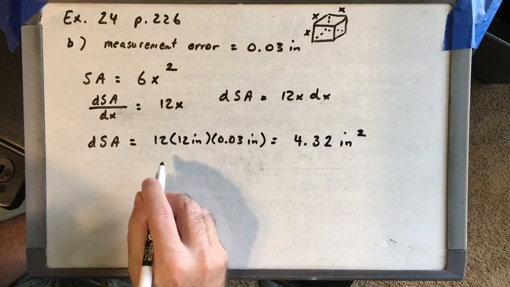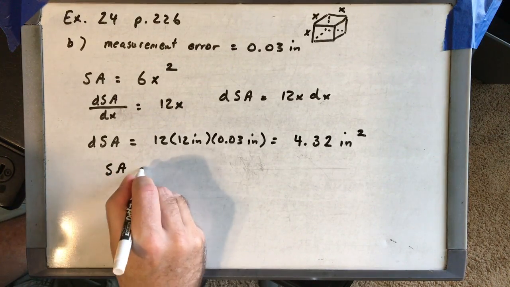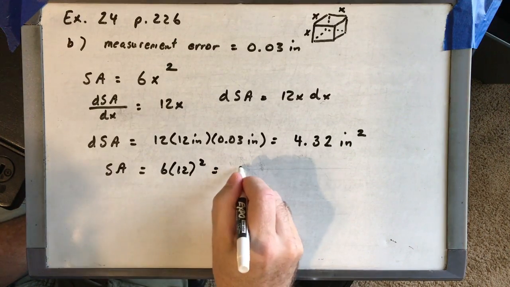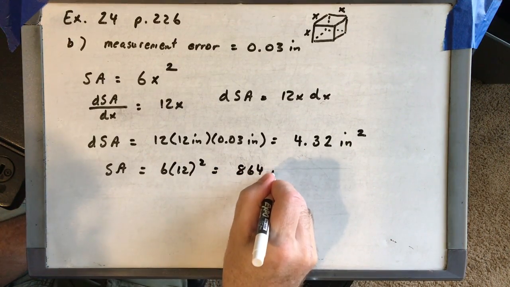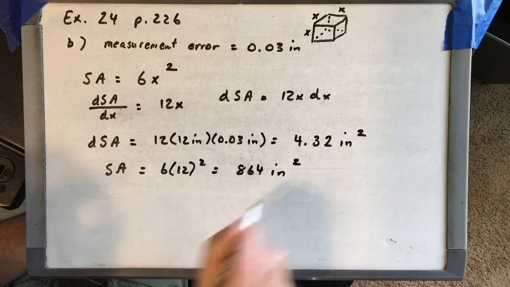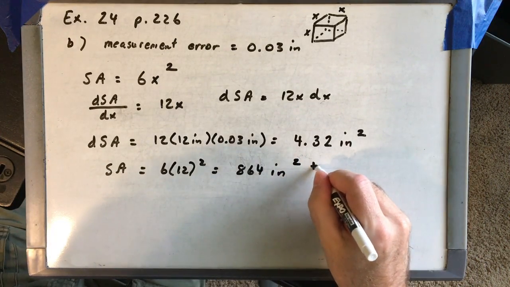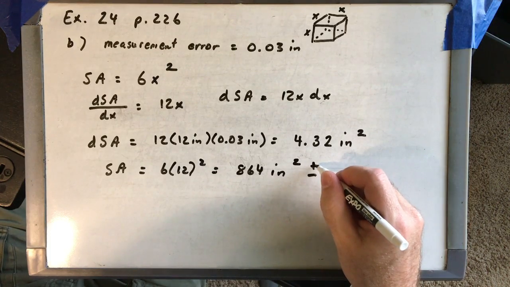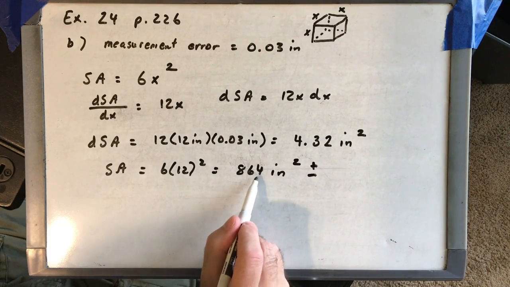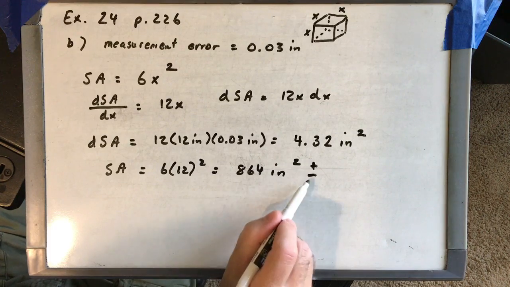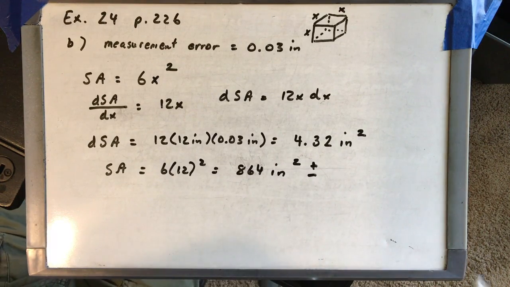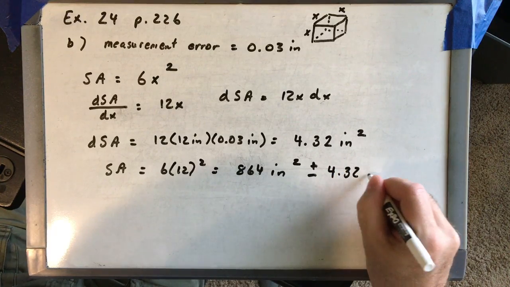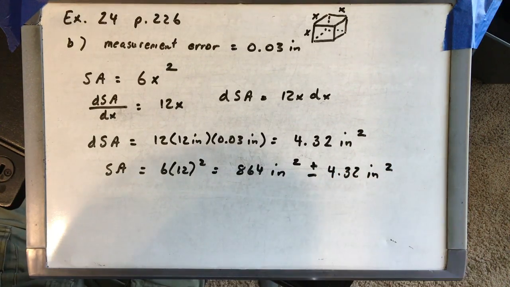All right, so the surface area is 6 times 12 squared, which is 864 inches squared. But it's going to be plus or minus the error, because the error could go up. You could get a reading as bad as 868 or a reading as bad as 860, right? So, or close to that. So plus or minus 4.32 inches squared.